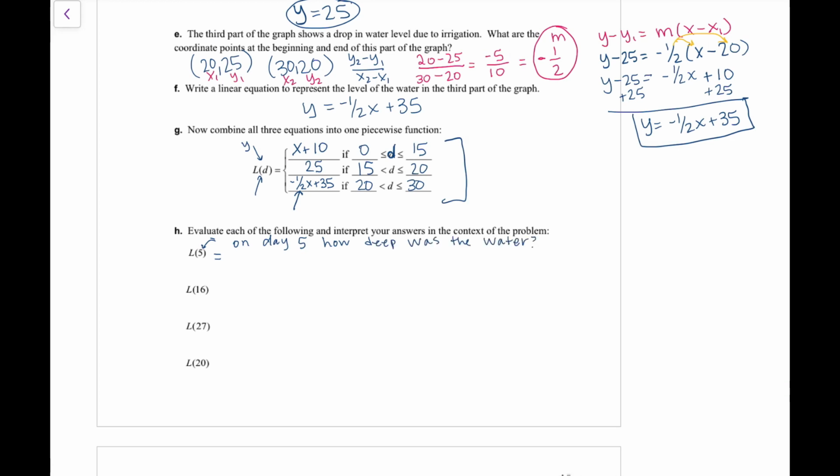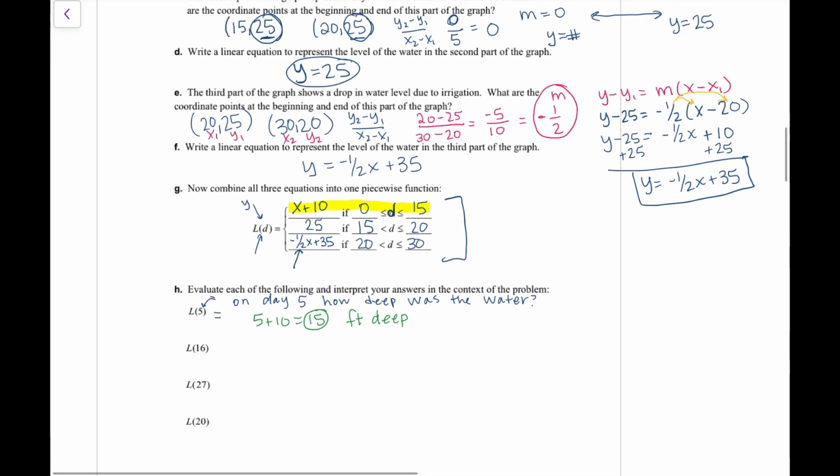Day 5 is in between 0 and 15. So we're going to use that first equation, x plus 10, to figure out how deep the water was. So on day 5, I put 5 plus 10, which is equal to 15. So on day 5, it's 15 feet deep.